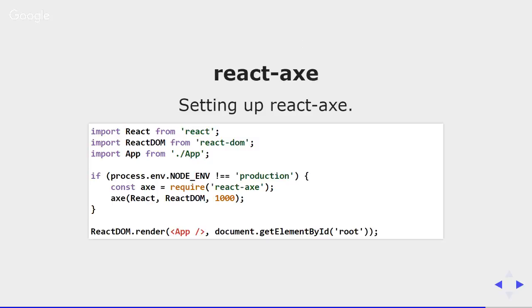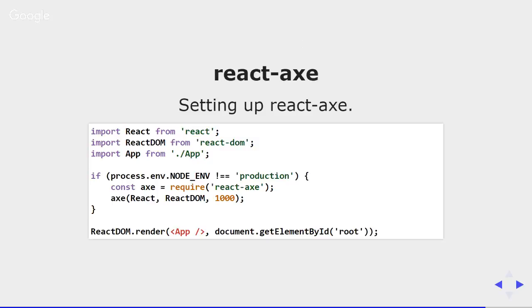I also have a delay. You see here a 1,000 millisecond delay. And the reason for that is I want my application to be stable. I want this translation from virtual DOM to actual DOM to be completed before I do an accessibility check on it to avoid false positives or even false negatives for that matter. And you also see that it's hidden behind a production flag.